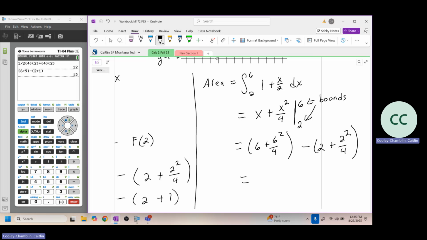And we can type this into the calculator straight like this, which I find a little bit easier. So open parenthesis, 6 plus 6 squared divided by 4, and just close that parenthesis, minus open parenthesis, 2 plus 2 squared divided by 4, and I'm going to close that parenthesis.